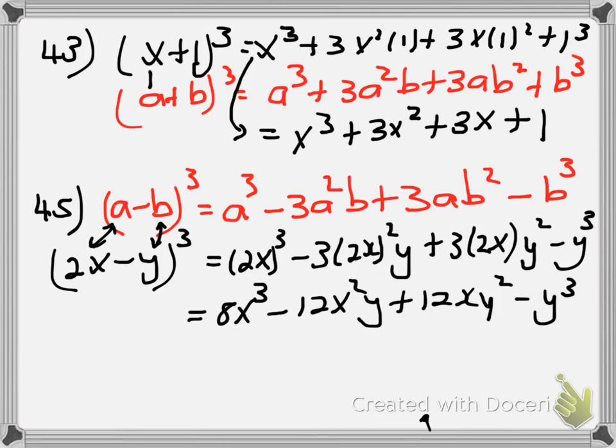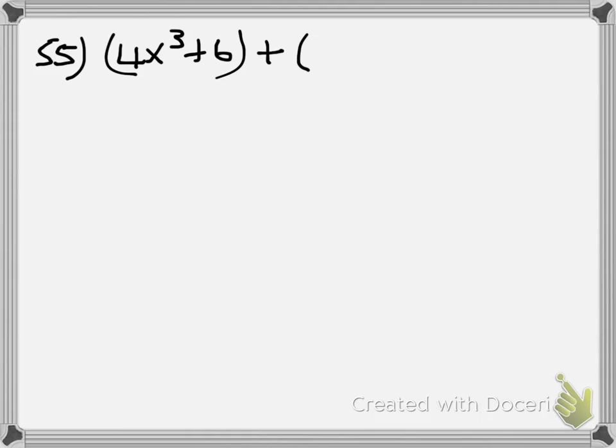I just would like to do number 55 because people tend to want to multiply that one. So 55 looks like this. 4x cubed plus 6, plus 6x squared minus 8x minus 11. This is a plus sign, so we're not multiplying anything.